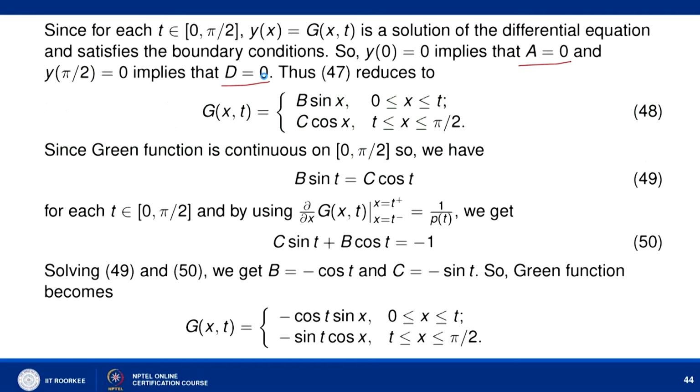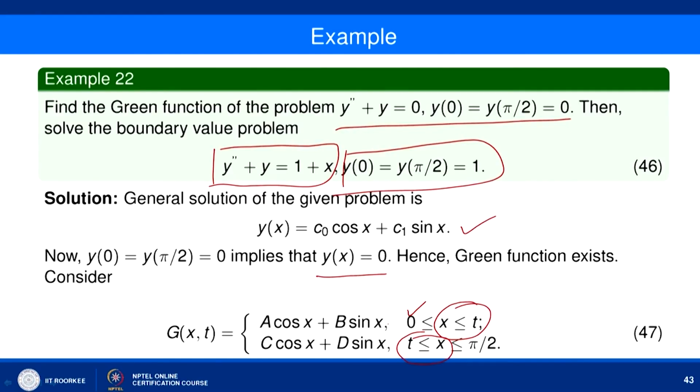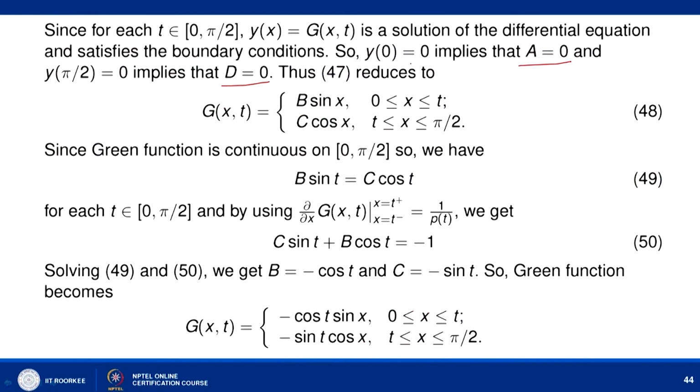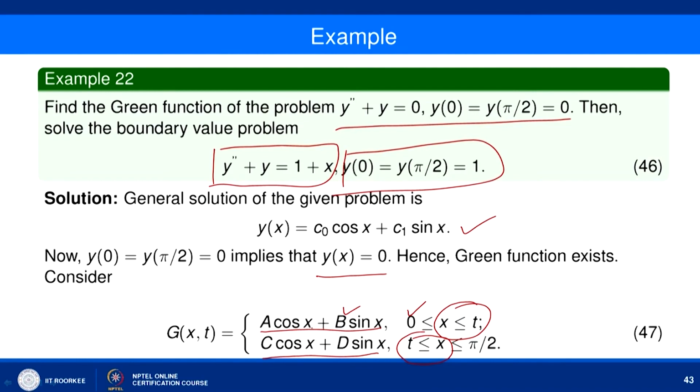If you look at this domain, x equal to 0 is contained in the first region. So, G(x,t) will satisfy the boundary condition at x equal to 0 by this function, and will satisfy the other boundary condition defined at pi/2 by this function. So, y(0) equal to 0 implies that a equal to 0, because this is the solution which contains the region x equal to 0.